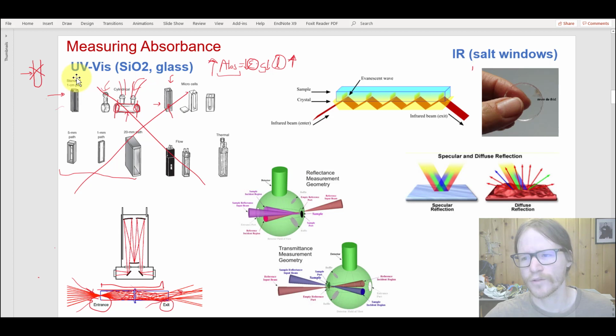The first way, and the old school way, this is the way that I learned, is that infrared light is not absorbed by ionic salts, things like KBr, sodium chloride, which is interesting in and of itself from a material science perspective. But for that reason, salts are essentially the glass of the infrared region of the spectrum.